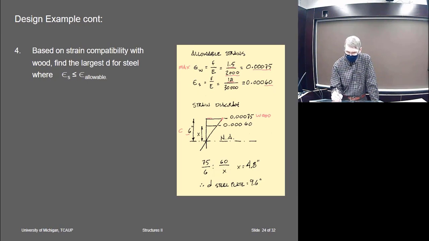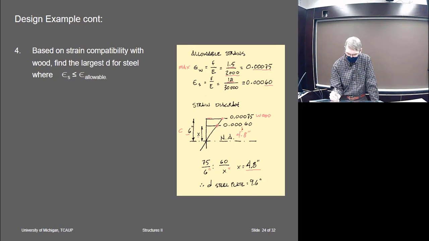So where does that fall on this line? Well, it falls somewhere, but I could easily find exactly the depth by proportions, right? Because this is a linear relationship, it's just a triangle. So 75 is to the depth of 6, as 60 is to 4.8. So this x here then becomes 4.8 inches.